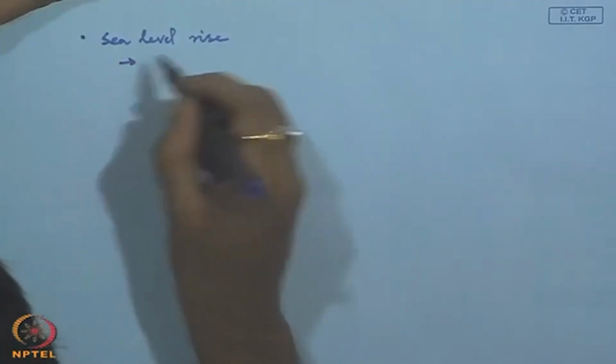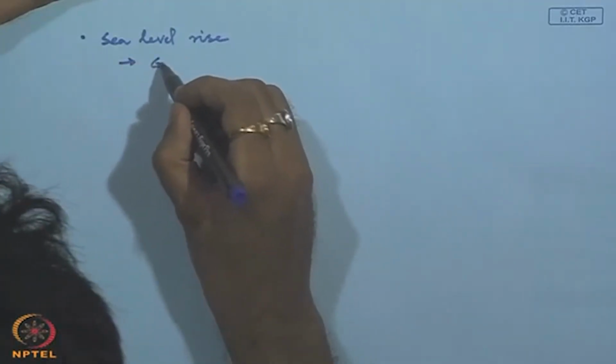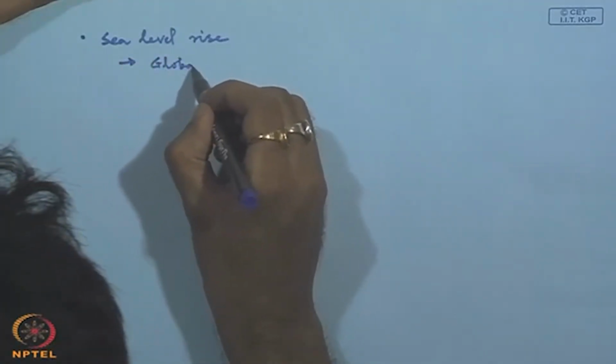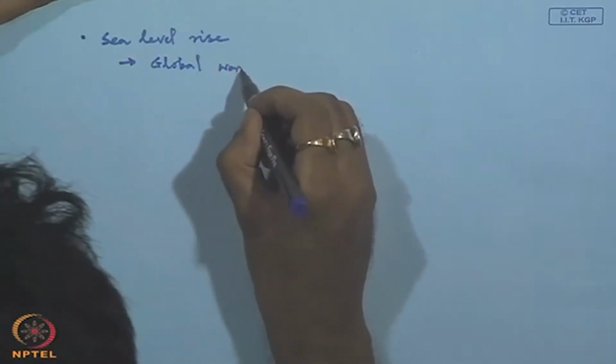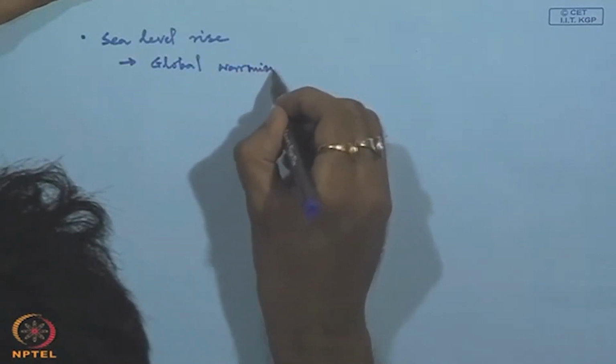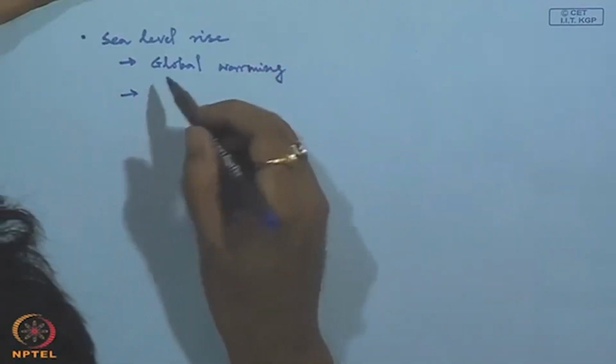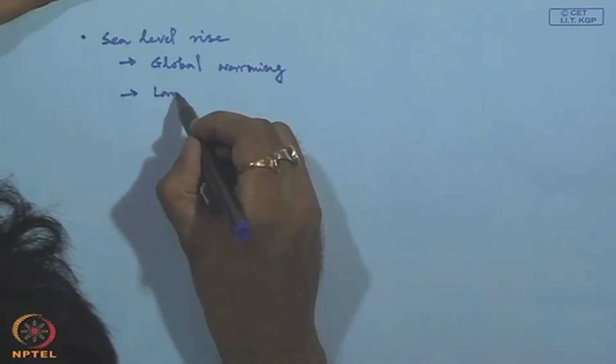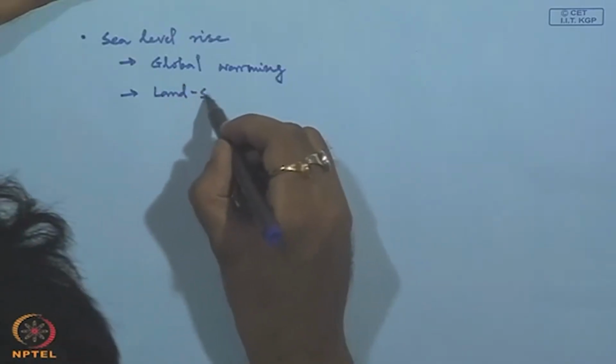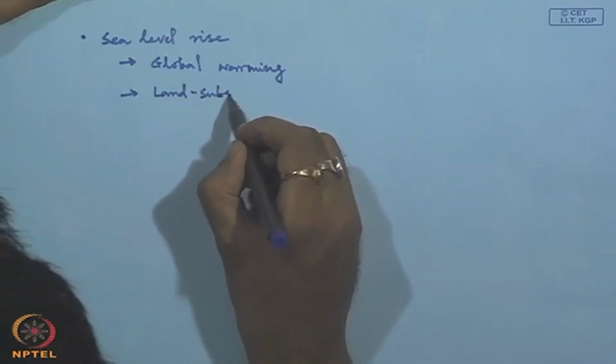And what are the sub points under this? One is global warming, which affects sea level rise and is indirectly affecting salt water intrusion. Next is land subsidence.